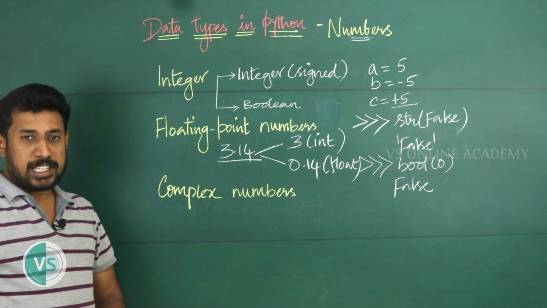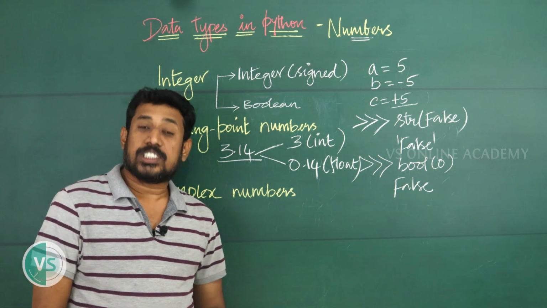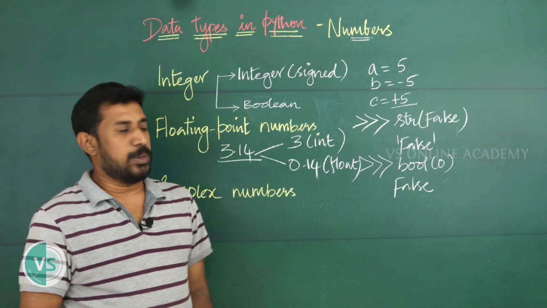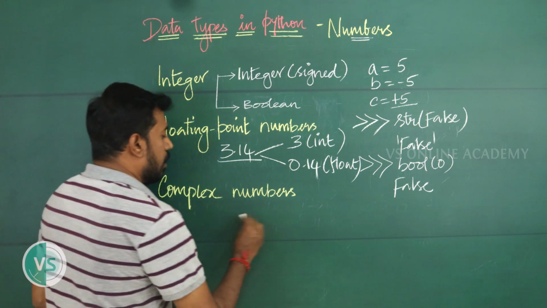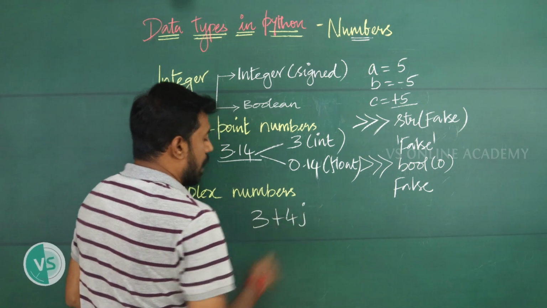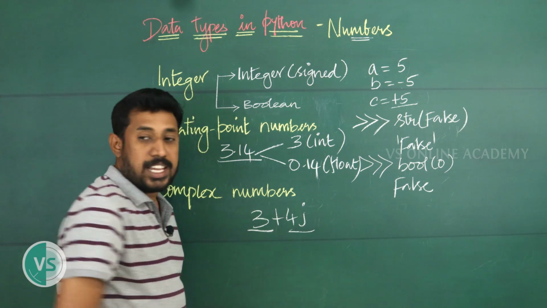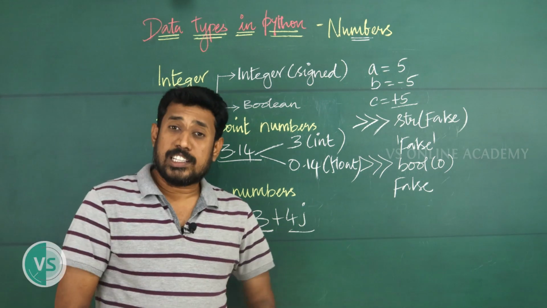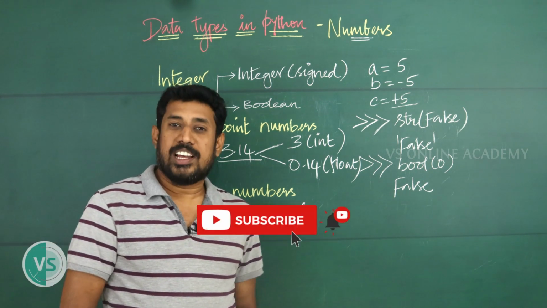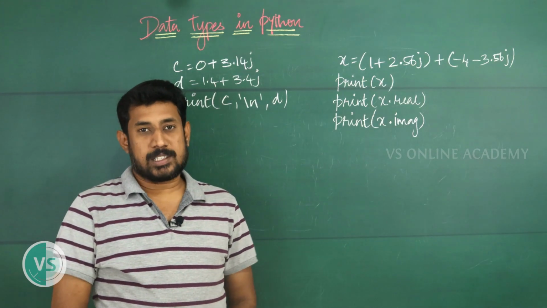And then complex number. What is meant by a complex number? A complex number consists of both real and imaginary components. Let's see with an example: 3 plus 4j. Here 3 is the real part and 4j is the imaginary part. You have learned so many complex numbers in your 11th mathematics itself. Let's see an example for complex numbers.